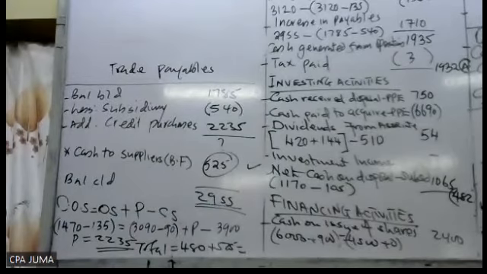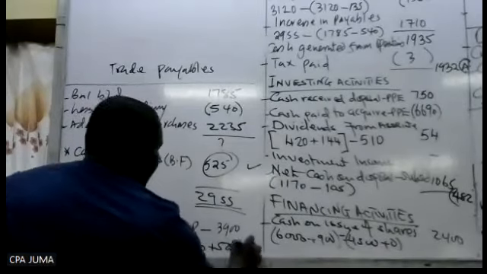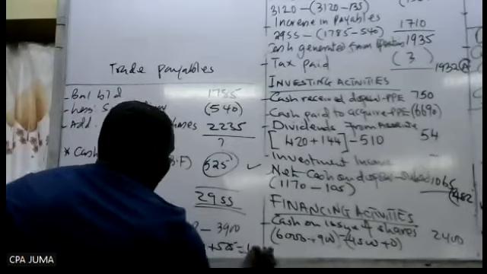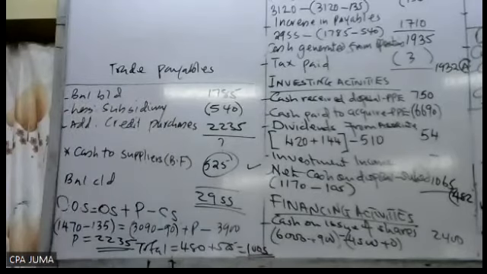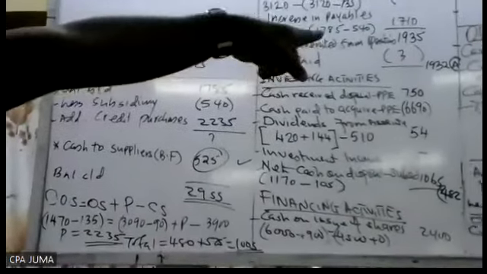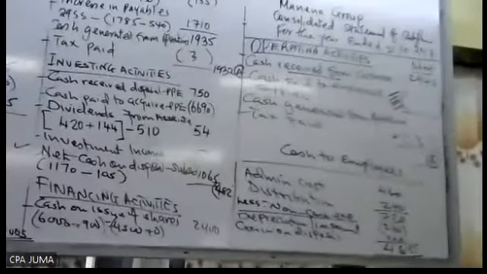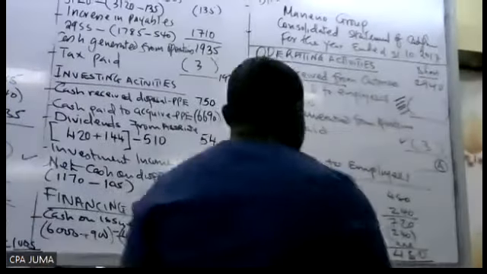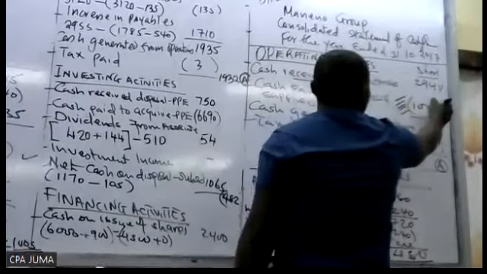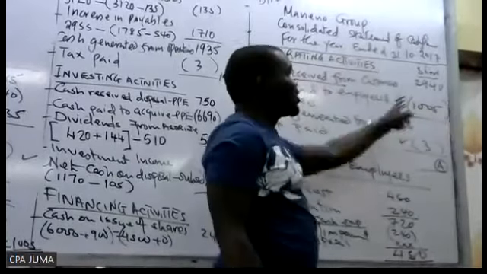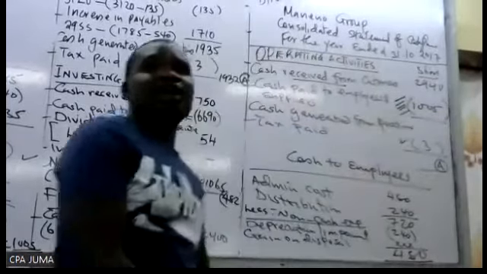How much is the total? 1005. So I'm told this is 1005. So this 1005 goes to cash paid to employees and suppliers. What is 2940 minus 1005?